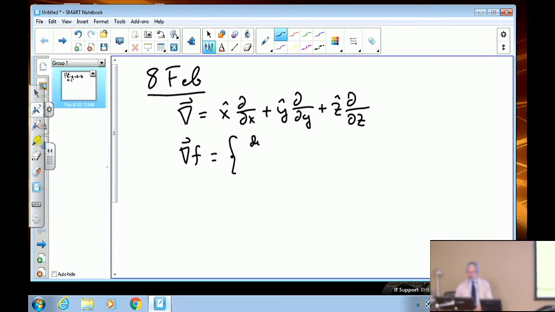This is the direction of greatest increase of f. And so that's the direction. The magnitude is the slope of f in that direction.